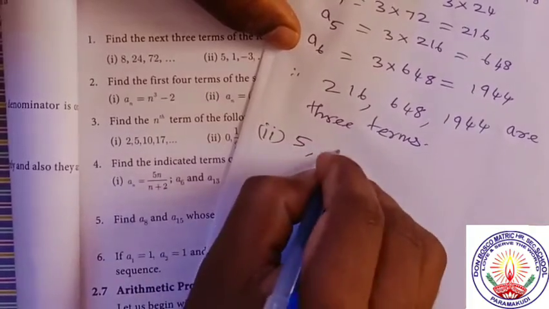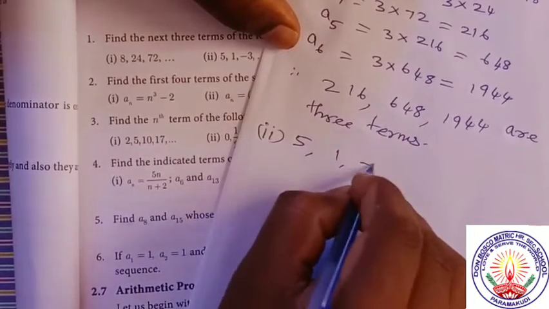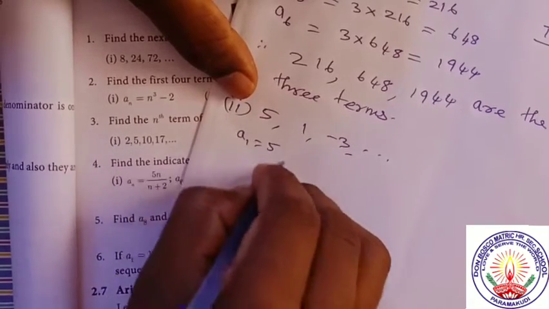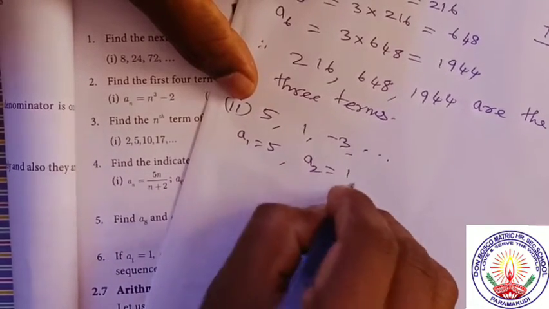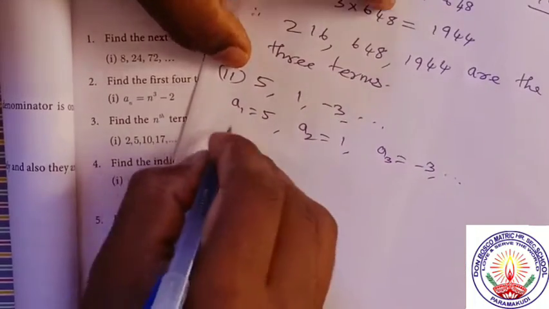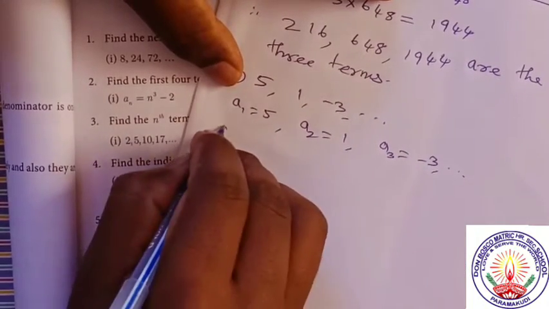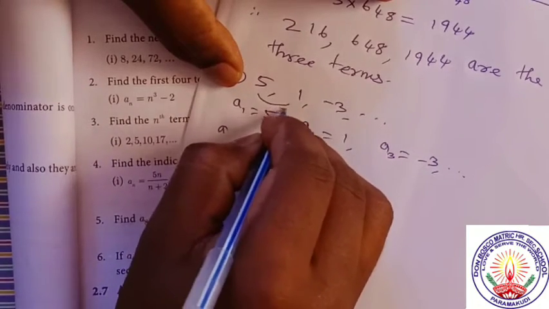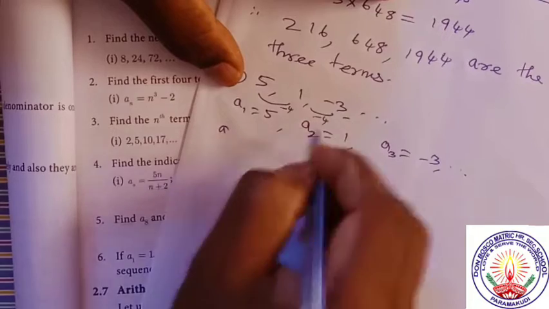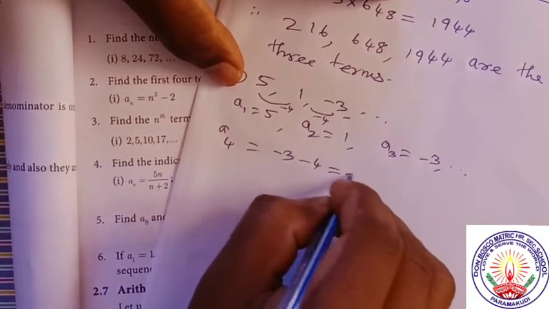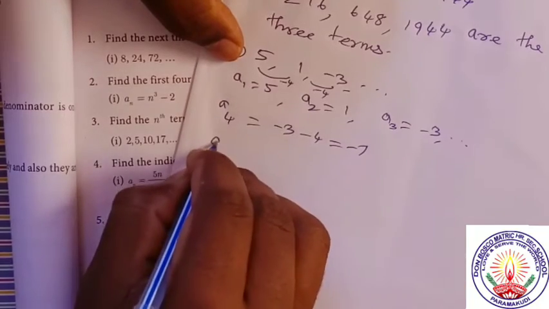Here we can write A1 is equal to 5, A2 is equal to 1, and A3 is equal to minus 3, etc. Therefore we can observe it is minus 4 each time. Therefore A4 is equal to minus 3 minus 4, answer minus 7.